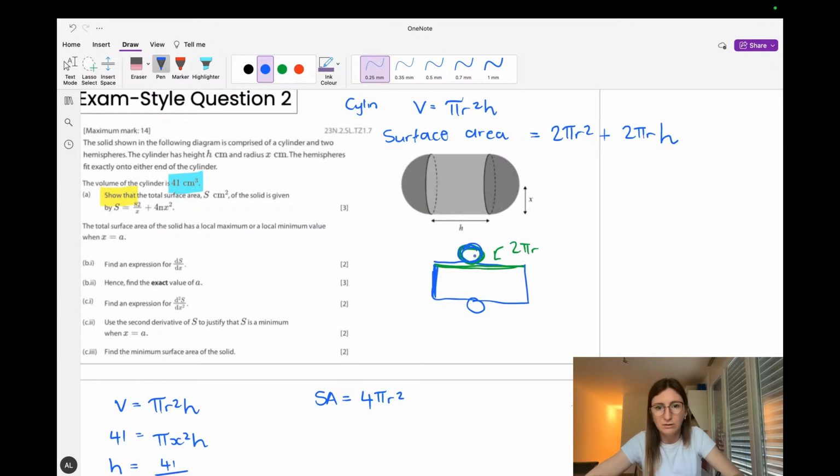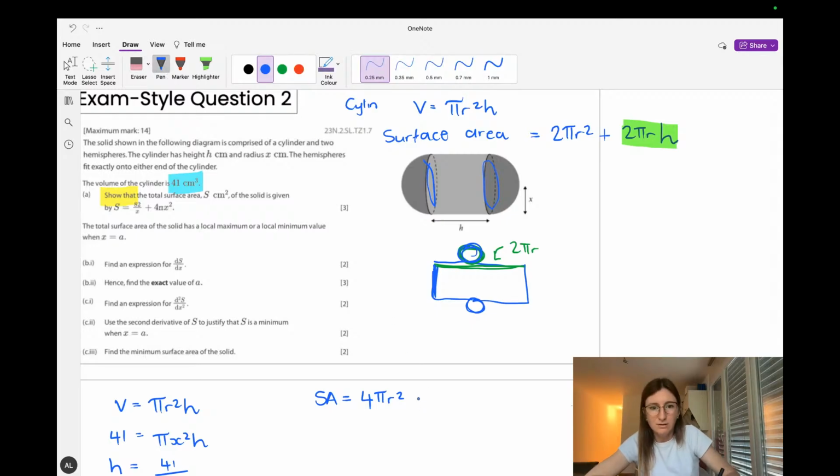So we don't want these circles, actually, because the circles are covered here. They're not part of the surface area. So we just want the rectangular part, highlighted in a different color now. The surface area of that part was just this, without the circles. So we want plus 2 pi RH.